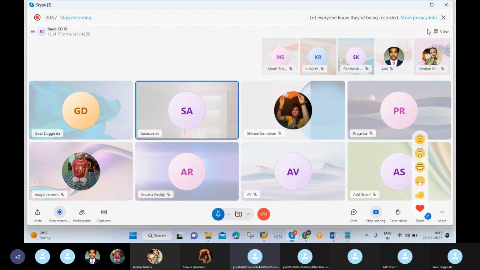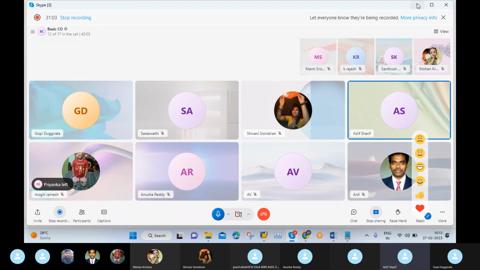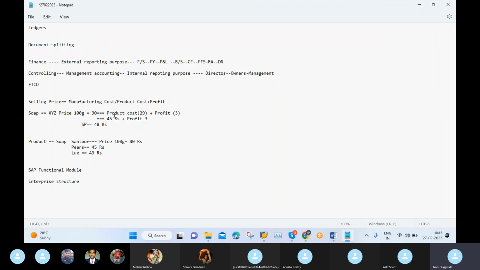Enterprise structure, non-enterprise structure. No, sir, retail, manufacturing, and services. So in SAP, we have 8 types of enterprise structure.